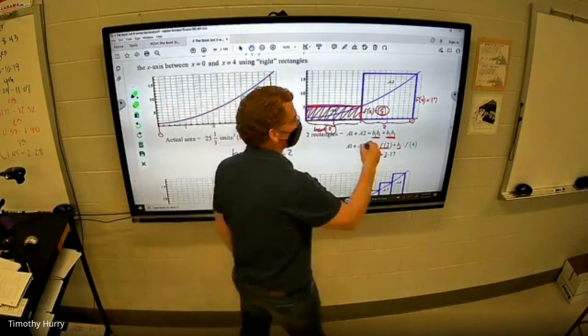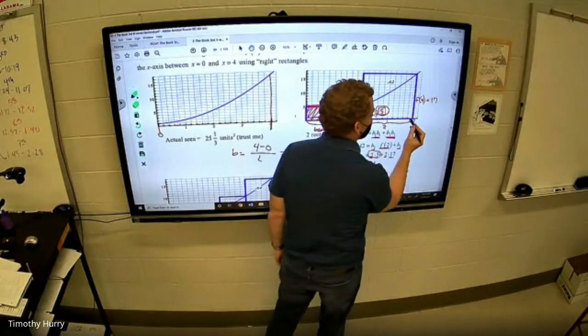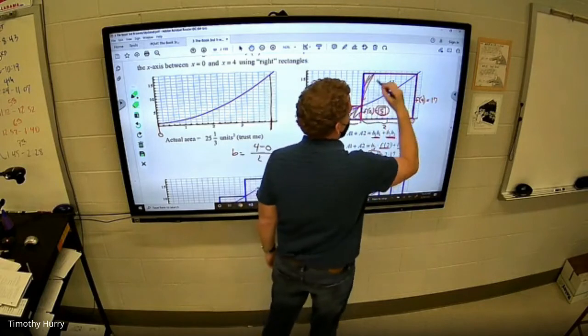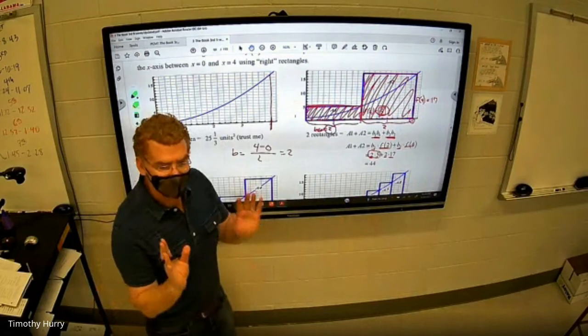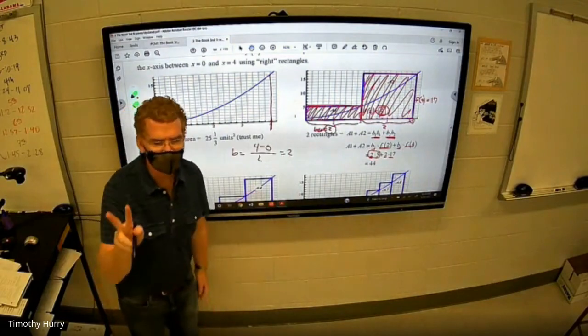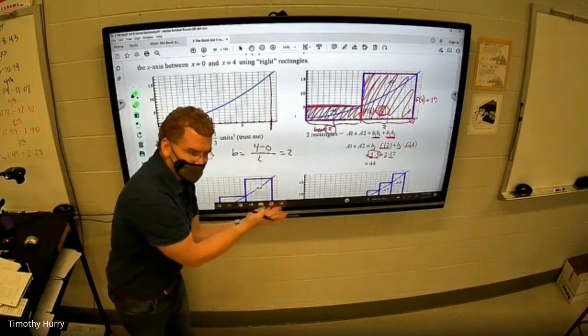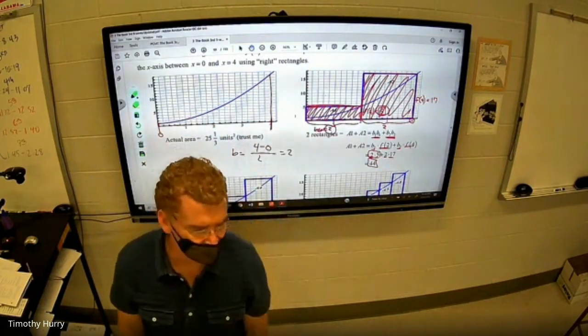So now I have that base and that height. And that gives me this, because again, right rectangle, use the right side. And that gives me, again, a huge over approximation. So Riemann would have said a 2 rectangle right hand approximation for this area would be 44. And you know that that's clearly too much, isn't it?